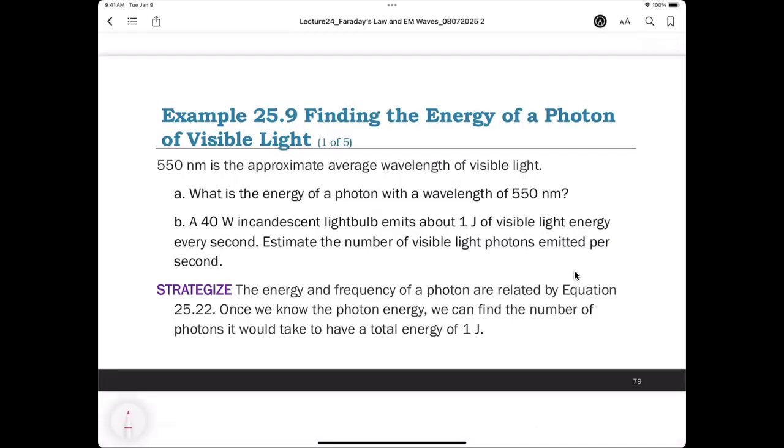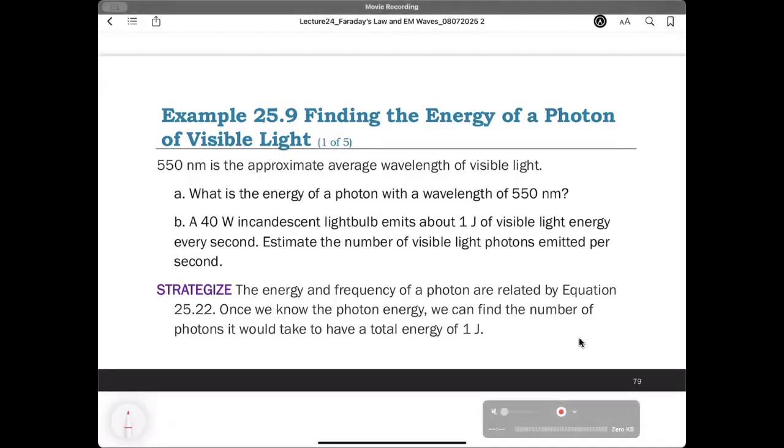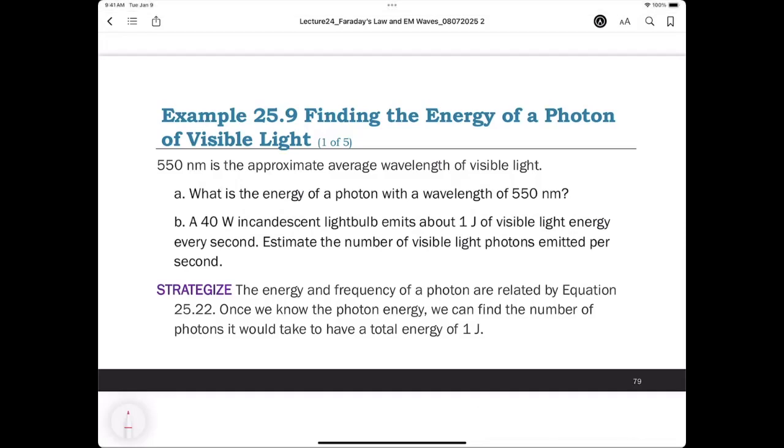By equation 25.22, it's just this equation, E equals hf. Once we know the photon energy, we can find the number of photons it would take to have the total energy of this one.